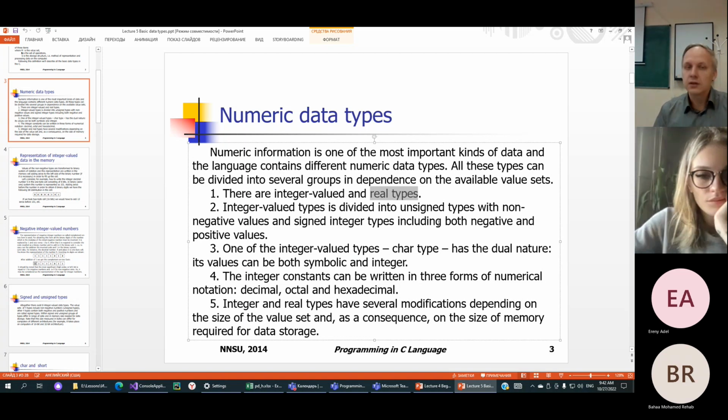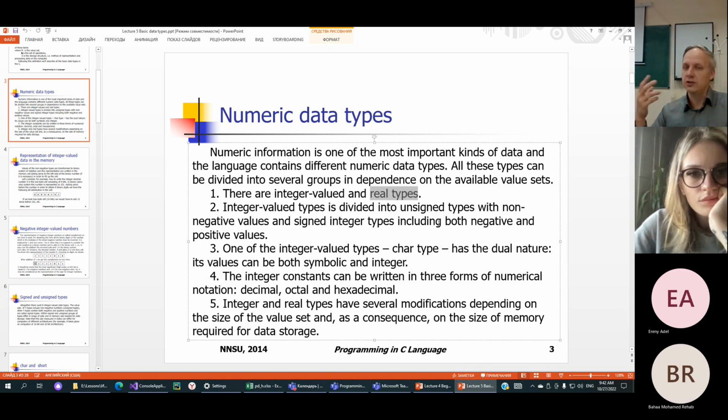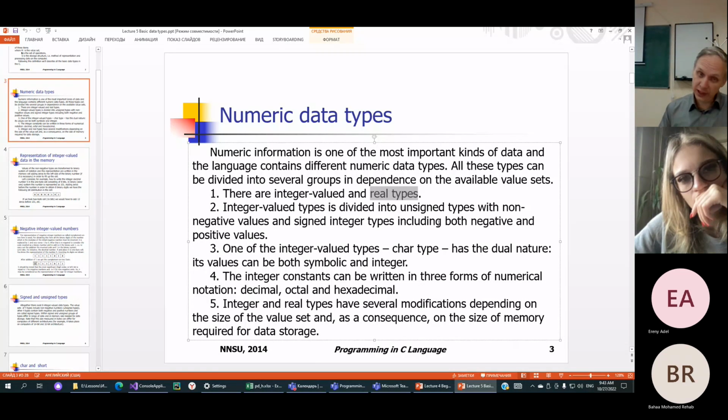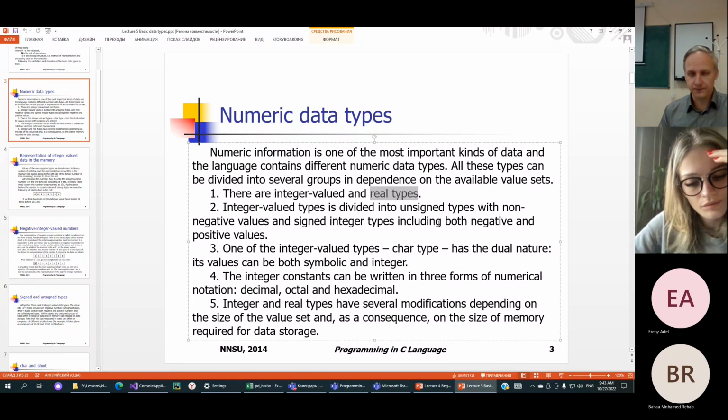And the integer valued types are divided into unsigned types, the types without sign, the values of which can be only positive numbers, and signed integer types, including both negative and positive values.